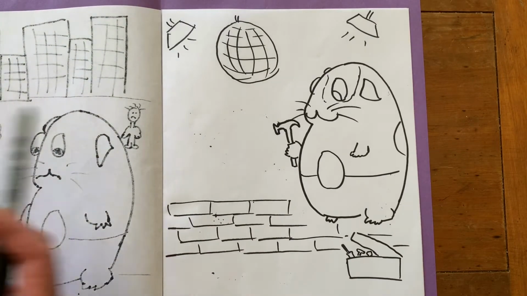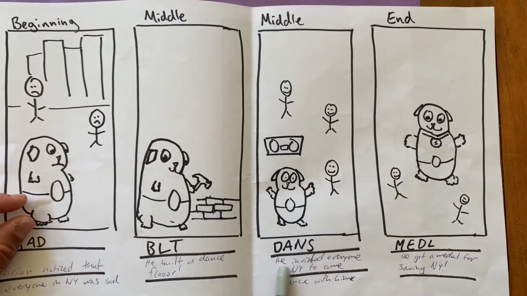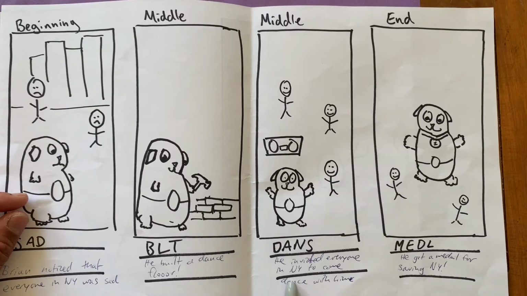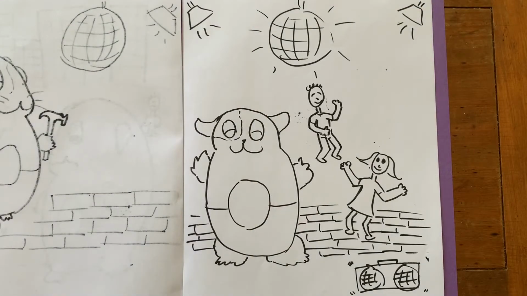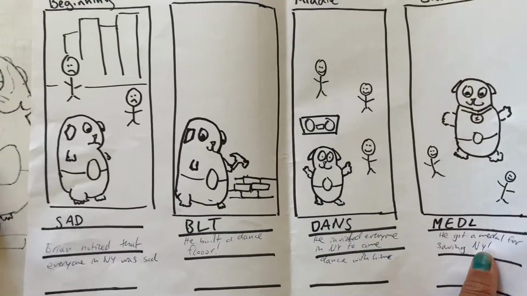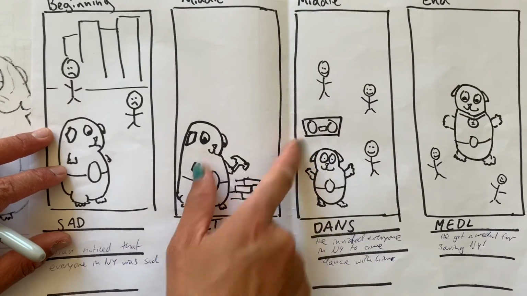Now, let's look at this middle part, where he invited everyone in New York to come and dance with him. So here is the drawing I made for the middle panel. I forgot to press record, but you can see in this storyboard part, I just drew Brian and a few dancers and a speaker system.